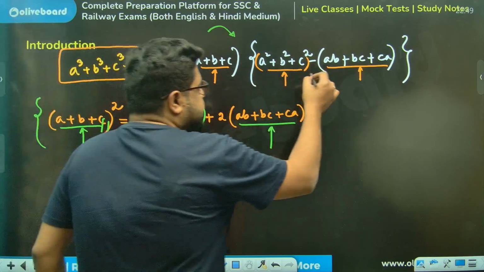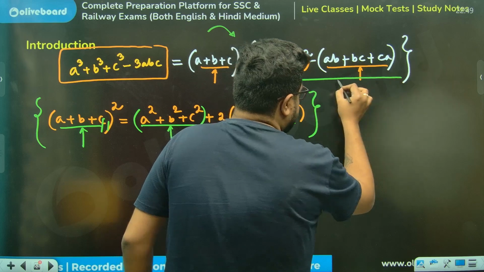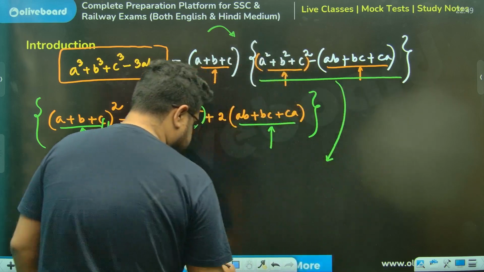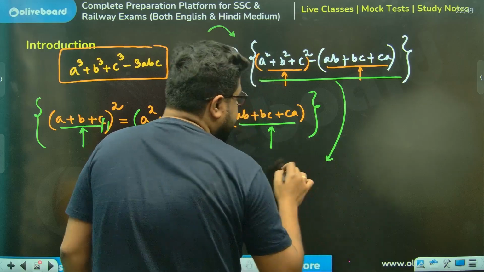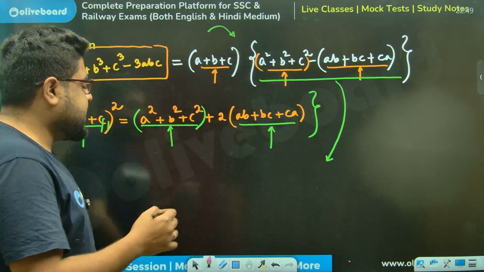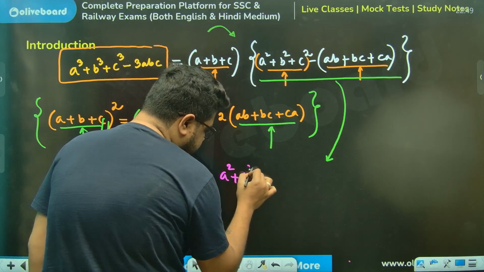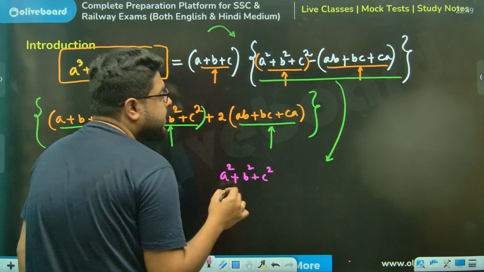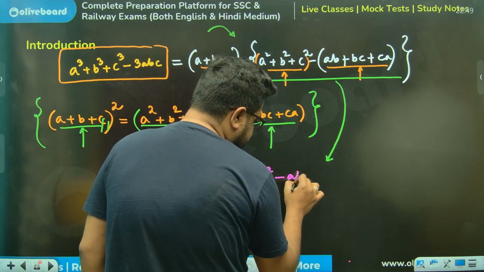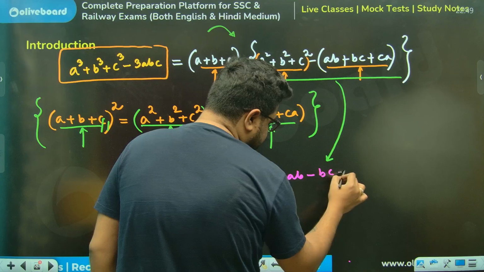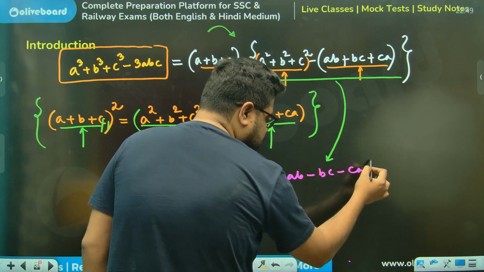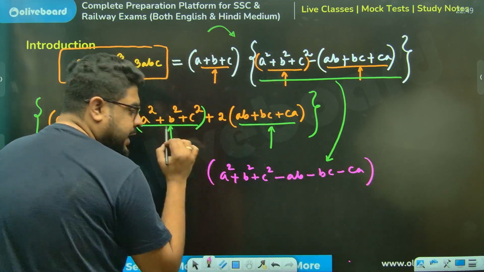This particular part, again, just a continuation. This particular part, remember, sir, if you take this, this is what? a square plus b square plus c square minus ab minus bc minus ca. So please understand what we can do.